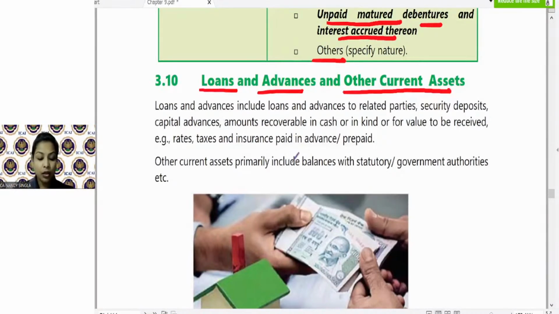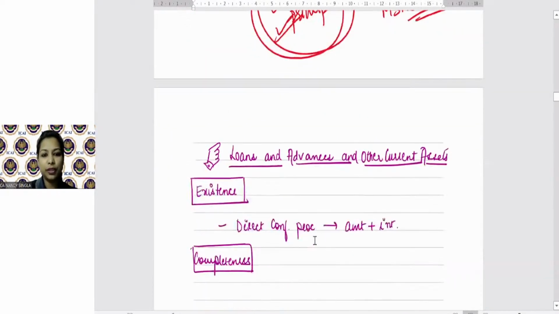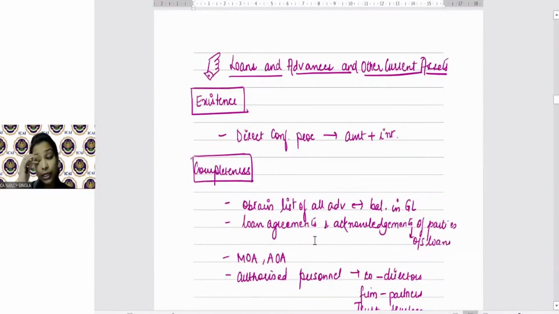ठीक है. तो टेल मी अदर करंट एसेट्स में आपका क्या आ जाएगा. क्विकली सेंड इन योर रिप्लाईज. व्हाट ऑल विल कम. ठीक है. मॉड्यूल से मत पढ़ो ना, अपना थोड़ा सा दिमाग यूज करो. Loans and advances and other current assets.